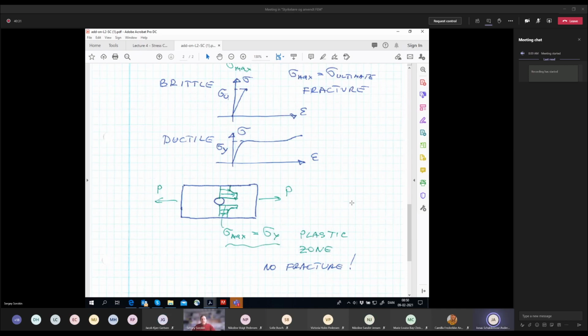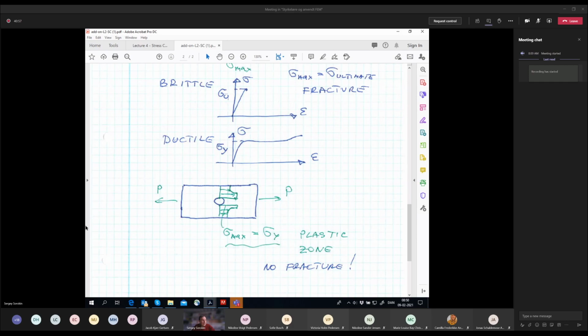Yes, so we have this diagram for the ductile material. If you do this extension test of the specimen, we have the elastic deformation, and then we have a huge zone of plastic deformation. So the stress doesn't increase, but the deformation increases.